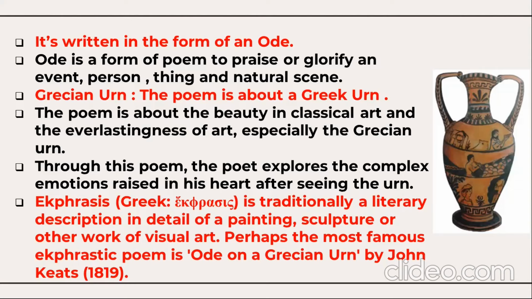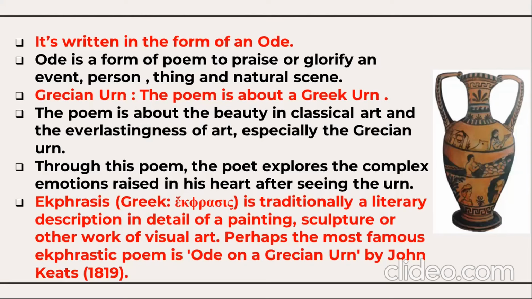Now, which literary device has been used here? In this poem, the literary device ekphrasis is used. Now, what is ekphrasis? Ekphrasis is traditionally a literary description in detail of a painting, sculpture, or other work of visual art.